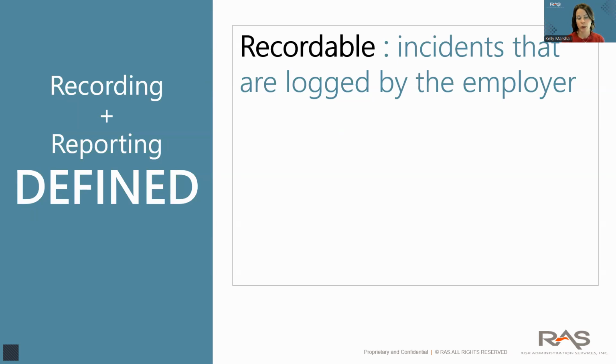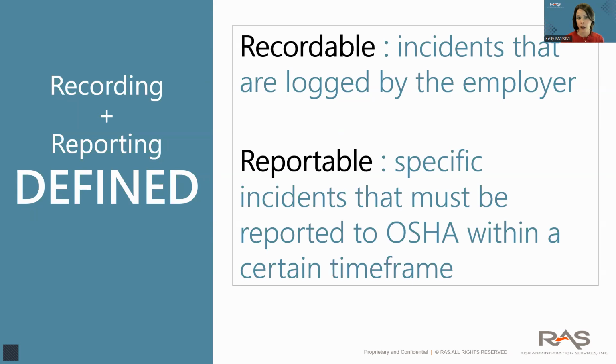Current and any former employees who may be looking for that information have a right to access injury and illness records. There is lots more information about this on OSHA's website under their injury and illness record keeping and reporting requirements. On the other hand, an OSHA reportable incident is a very specific incident that is required to be reported to OSHA within a certain time frame. We'll spend some time talking about those as well.